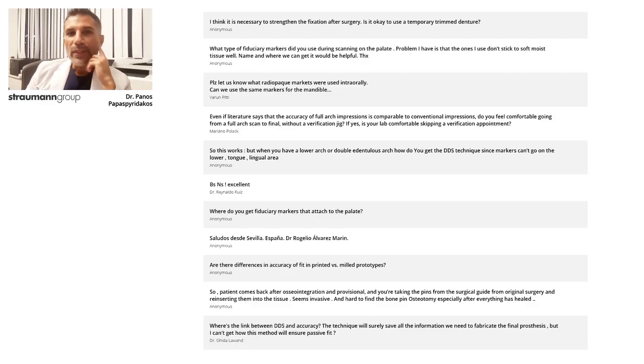A lot of questions are regarding the fiducial markers, what brand they are. I'm not getting any money from that company, but these fantastic fiducial markers that you can use both for your CBCT scans and for intraoral scans are self-adhesive markers from Beckley Medical. They are called CT Spot 120.